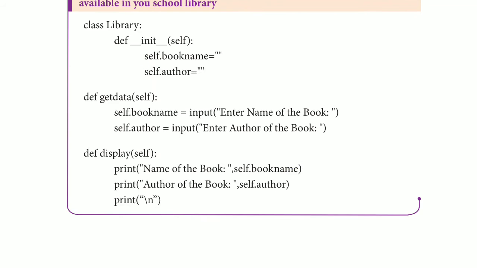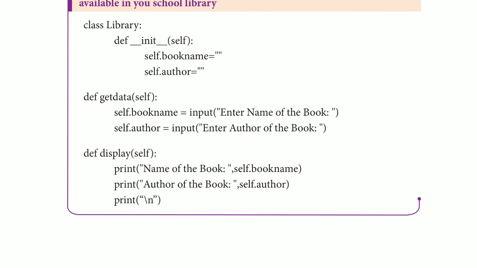Class Library. You are creating a constructor with self.book_name and self.author. Now get_data is a function that is used to retrieve the data from the user. So self.book_name is equal to input from the user, and self.author is equal to input from the user.